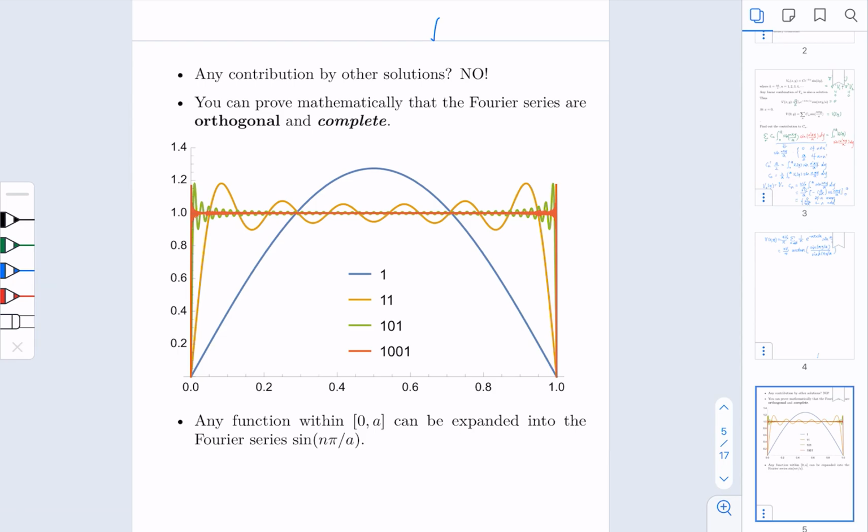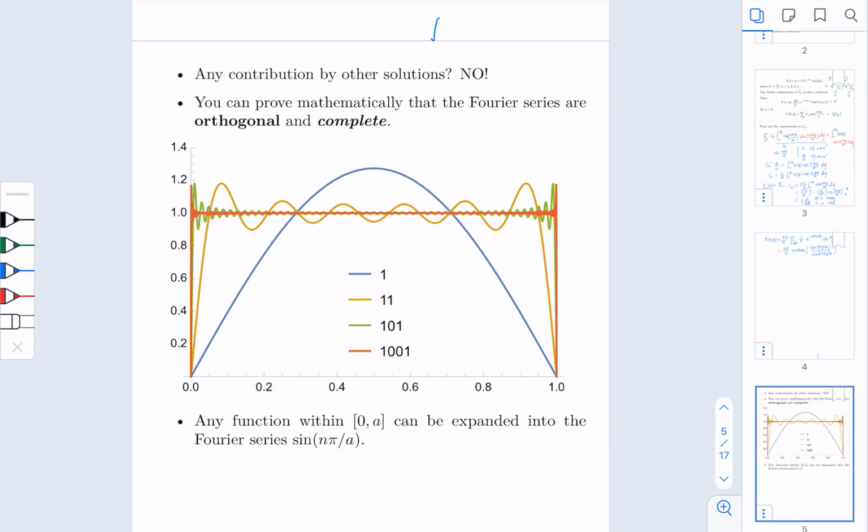And as you add even more terms, about 50 terms, you can see the green line is already close to a constant, except at the two edges. And as you have 500 of them, that's the red one. The red one is almost a flat line in the bulk, and there is a sharp change at the end.